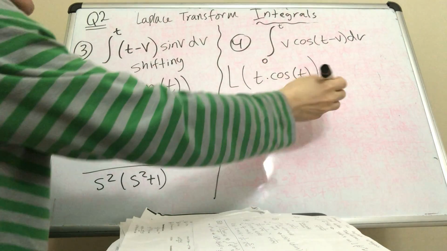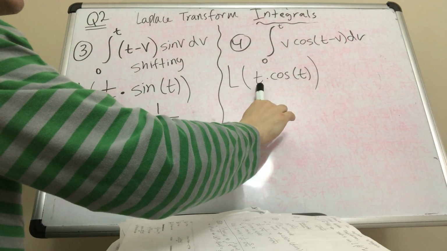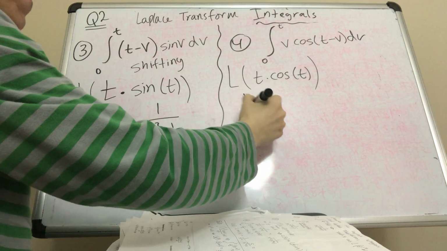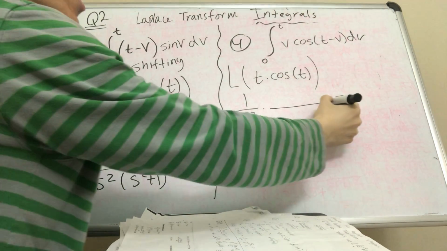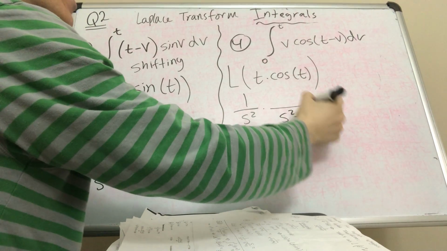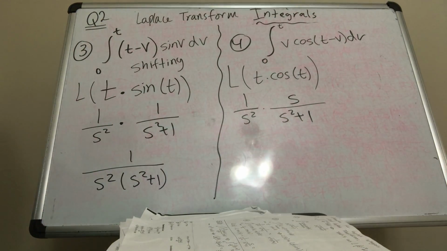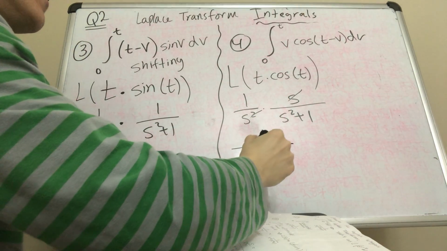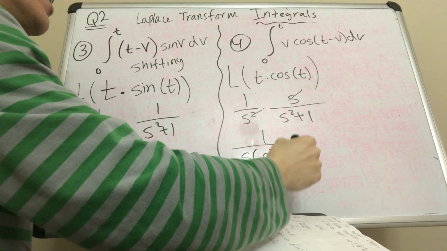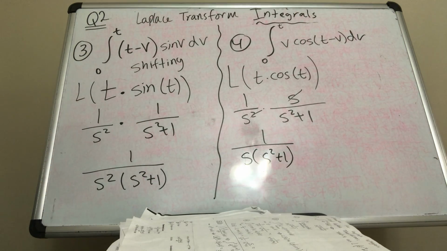You do this as a product. The transformation for t is 1 over s squared. The transformation for cosine is this. You can cancel s with s, so the final answer is this.